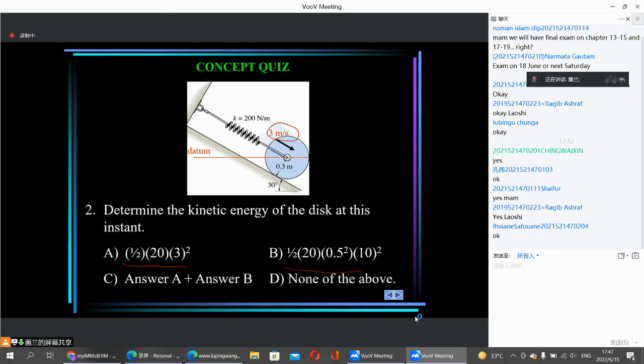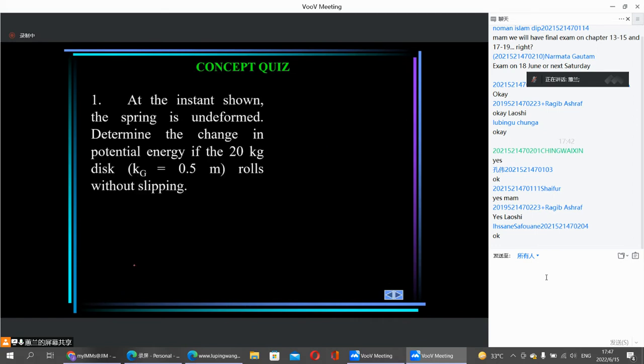And the rotational part is one half I_G omega squared. Omega is equal to the velocity of the mass center divided by its distance to the IC, because rolling without slipping, the contact point will be the IC. Okay, so this is 10. So the answer should be C.